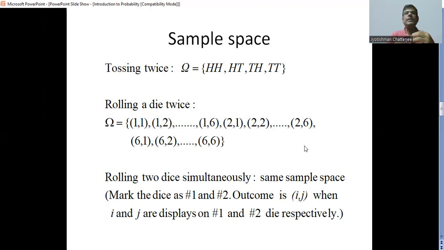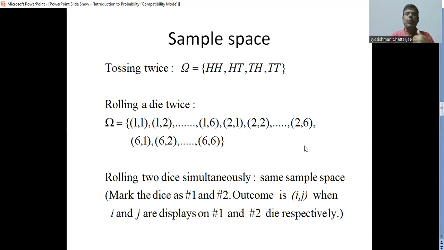Here, we are tossing a coin twice, so we may represent the outcome by writing the first toss outcome and then the second toss outcome. So HT will mean that the first toss gave me head and the second toss gave me tail. Writing this way, our sample space will be HH or HT or TH or TT.